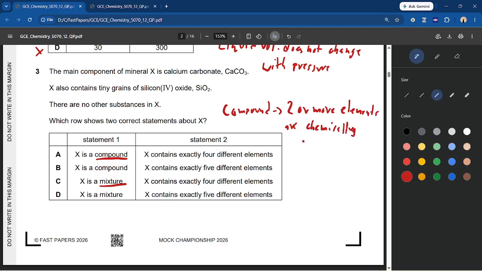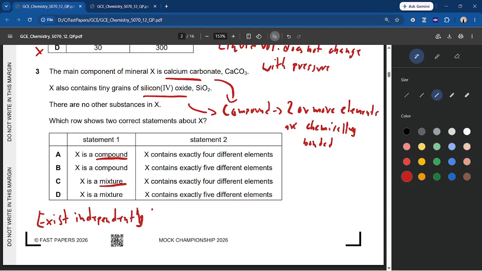So the trick over here is understanding that the main component of mineral X is calcium carbonate. X also contains tiny grains of silicon oxide. If they were only talking about calcium carbonate, then you could say that that's a compound. Or if they were only saying silicon oxide, then that's a compound. But because they both exist independently, you can say that it's a physical combination.